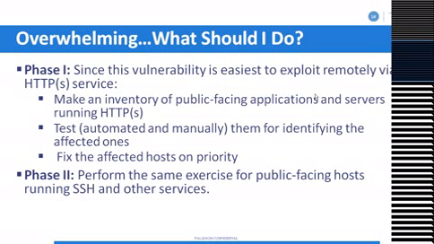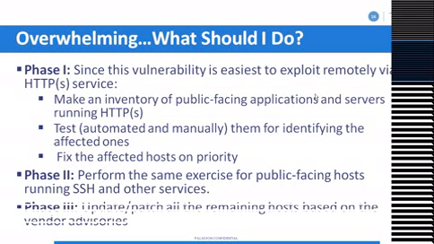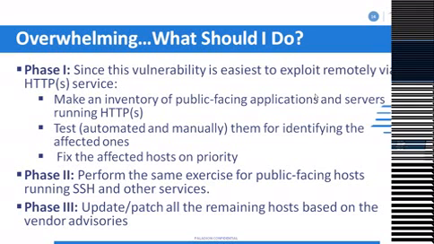Once you patch your internet-facing systems and you're confident that they are secure, in phase 3 you could look at all the remaining hosts, test them to identify the affected vulnerabilities, and patch them as per the vendor advisories. On the later slides, we'll see the detailed steps for identification and mitigation.